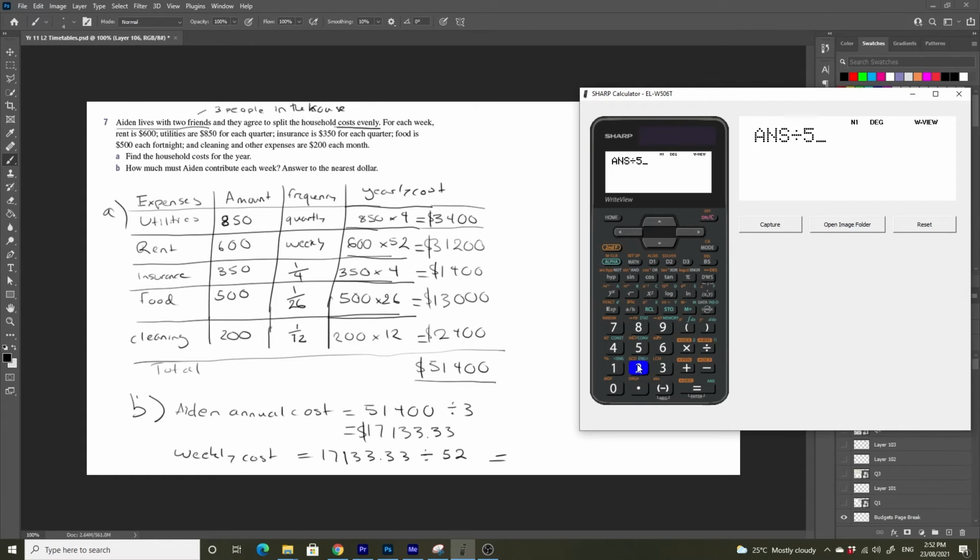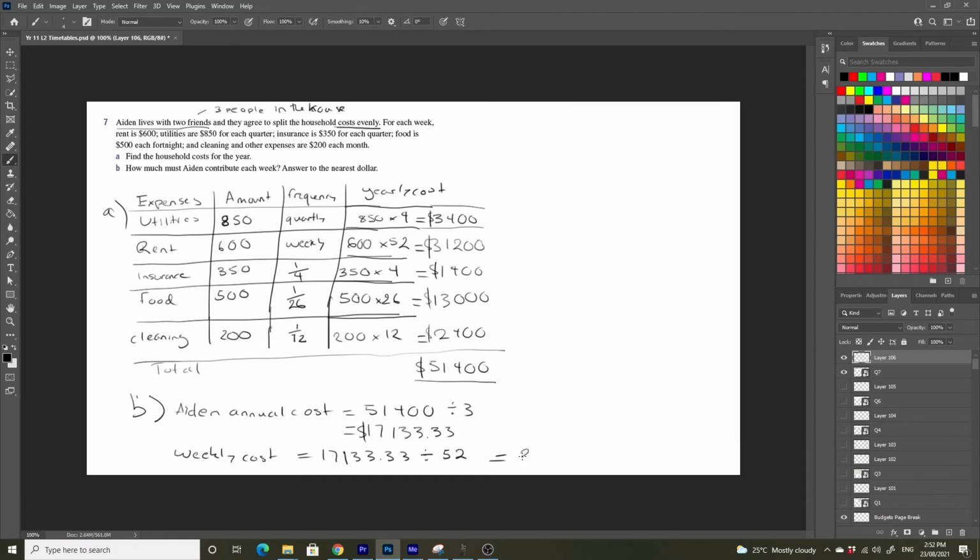That's $329.49, but it says round to the nearest dollar, so that's going to be $329 to the nearest dollar.